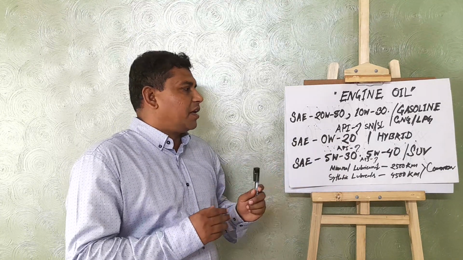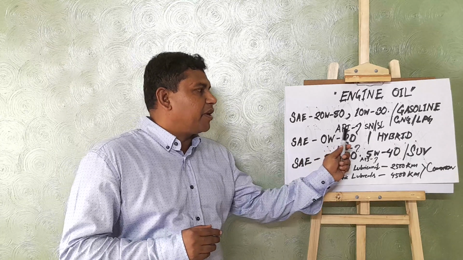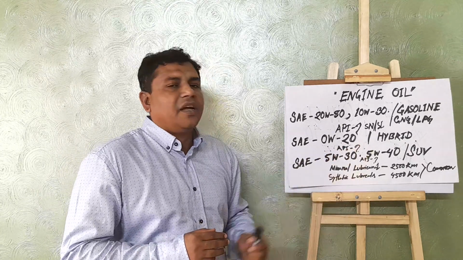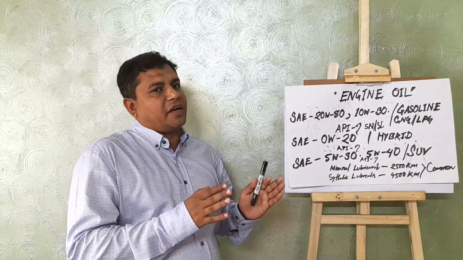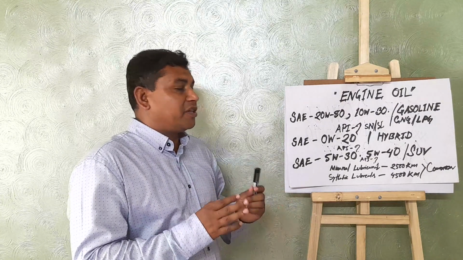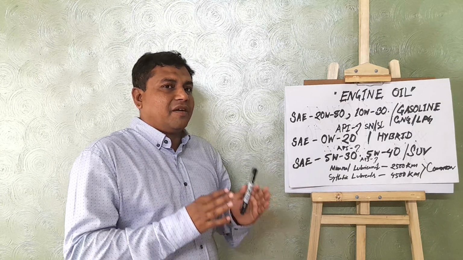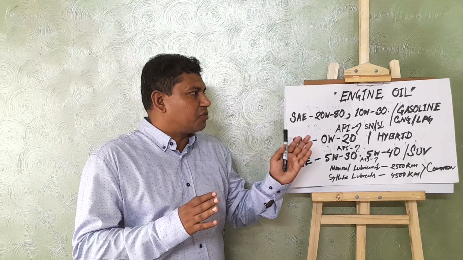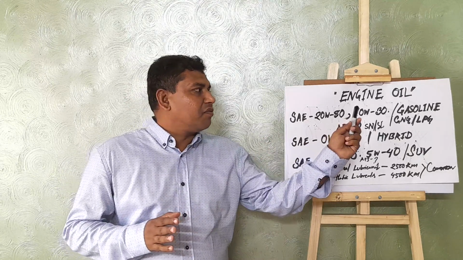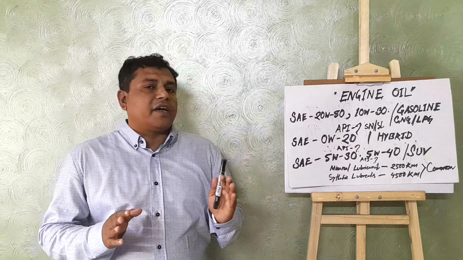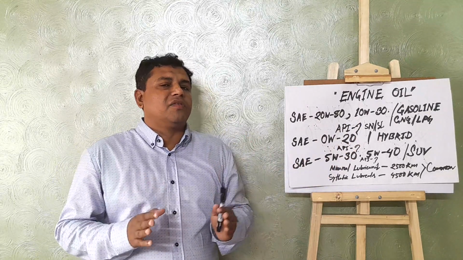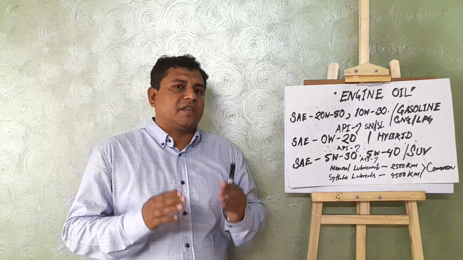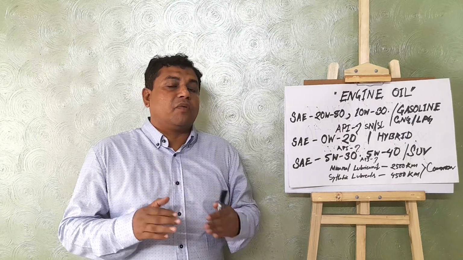Please check it. Another thing is the API grade, like SN or SL, which will also be mentioned in the manual. So you must cross-check it and buy the perfect lubricating oil for your gasoline car. When you buy a lubricating oil or engine oil, you must also check the company's reputation and the OEM's recommendations.